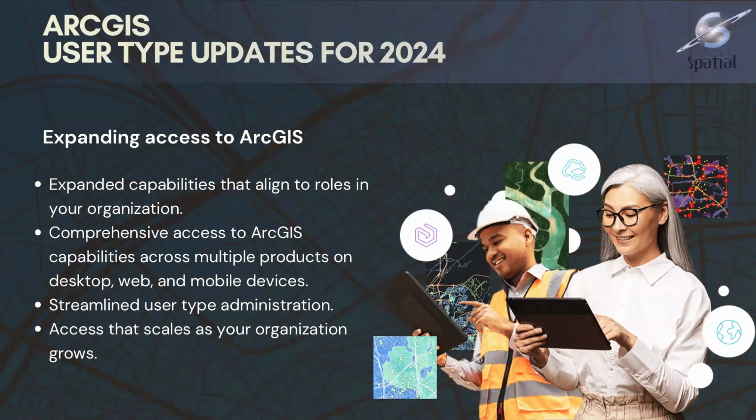These user types will progressively expand the capabilities, apps, and services available to users, ranging from viewer to professional plus. The new user types are aligned with key roles in an organization and aim to simplify and streamline the administration of licenses. Many of the updated user types will now provide expanded capabilities and a wide range of applications.